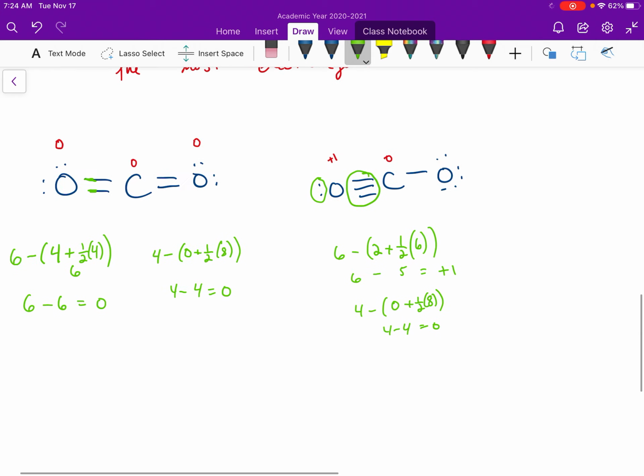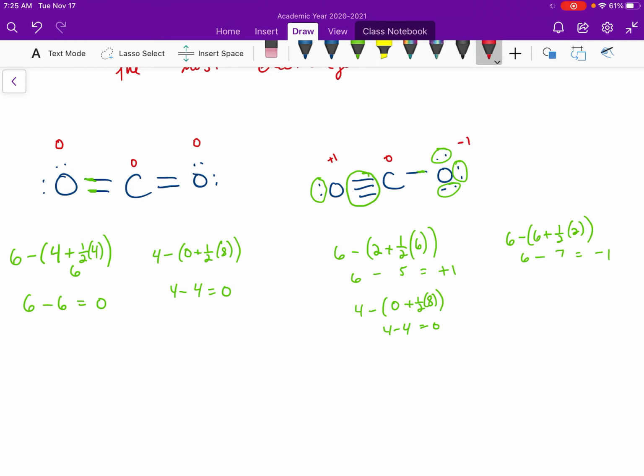Oxygen on the right, valence of 6, minus all of its non-bonding, in this case is 6, plus half of its bonding, right? 1/2 of 2, okay? And so we end up with 7. 6 minus 7 equals -1.